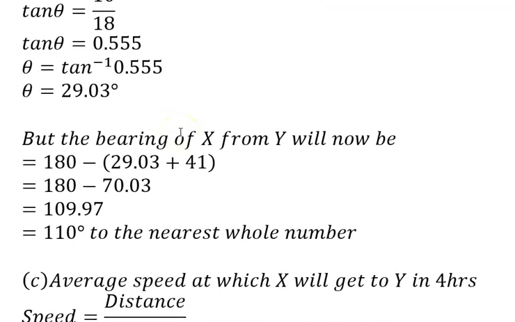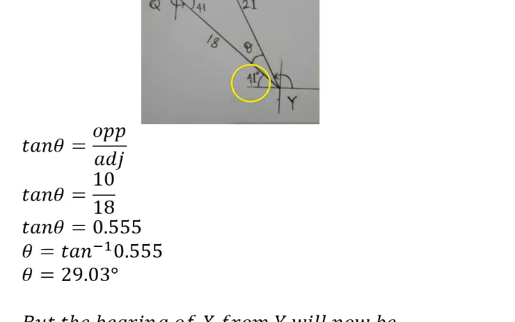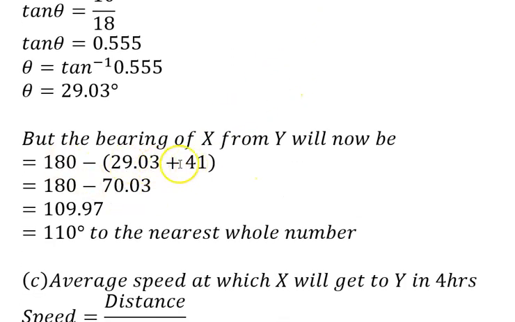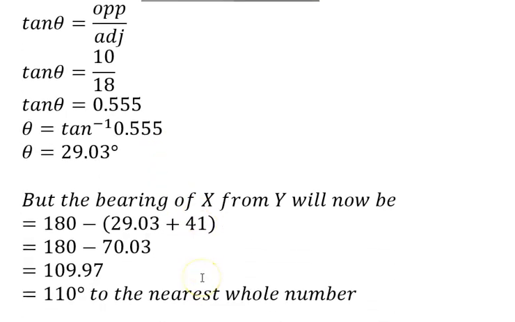Awesome. So now, since we've gotten here, we are looking for this place. The bearing of X from Y will now be what? We just add this 41, like I've said before, plus what we have here now, 29.03. We add it together, and we have 70.03.